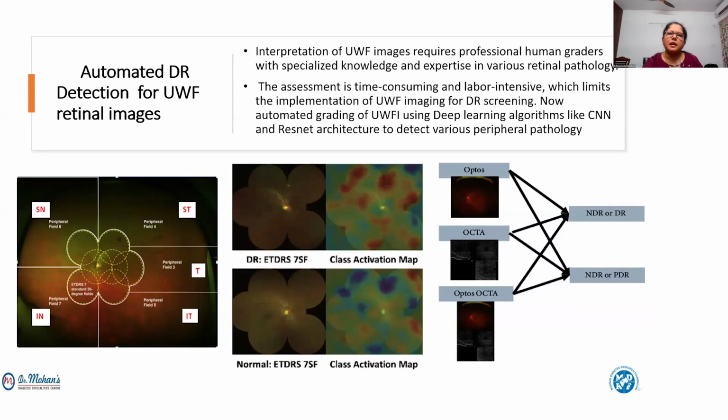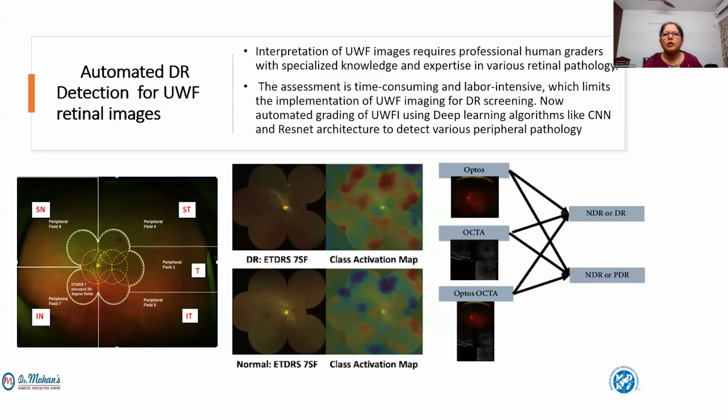But with ultra-wide field images, it requires more specialized knowledge, because there are central lesions within the ETDRS field, and there are 5 fields in the periphery where again the grading of the lesions needs to be done. It is labor intensive and time consuming to do grading of ultra-wide field images.